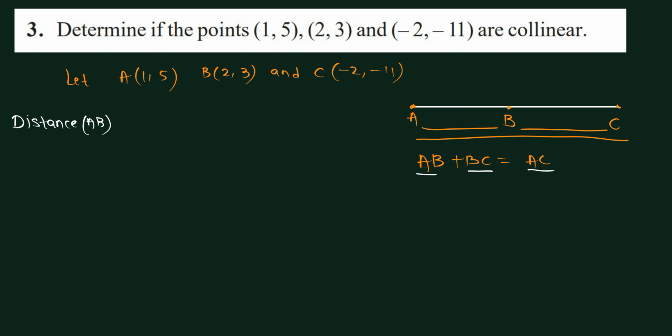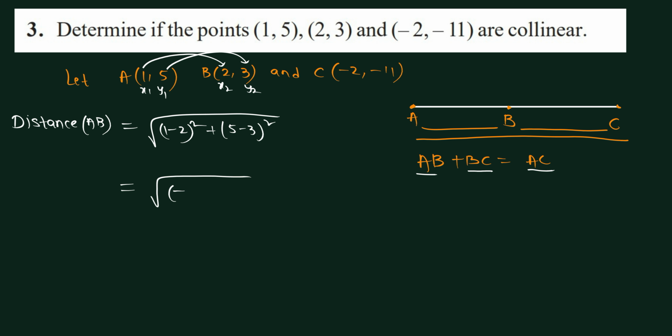So distance AB, how do you find this? Let us say this is x1, y1, x2, y2. Root over (x1 minus x2) whole square plus (y1 minus y2) whole square. That is (1 minus 2) whole square plus (5 minus 3) whole square.